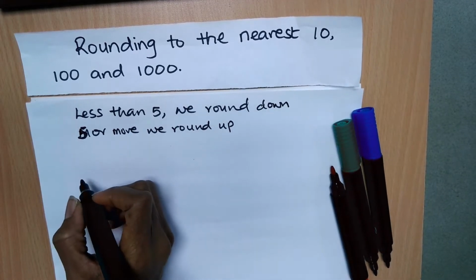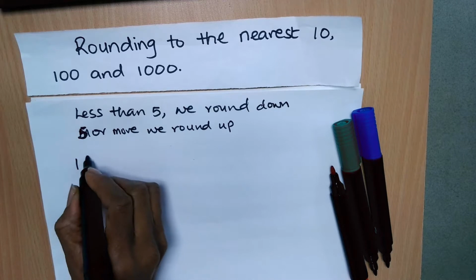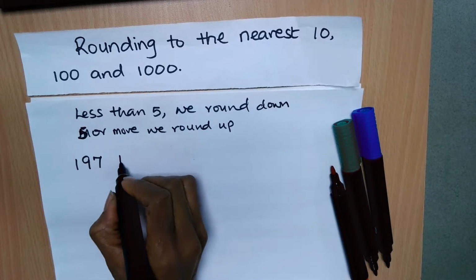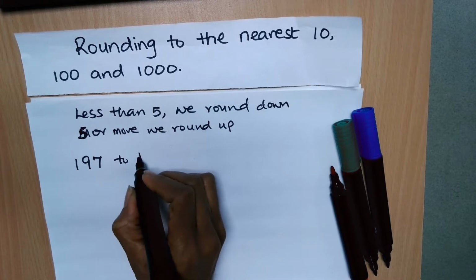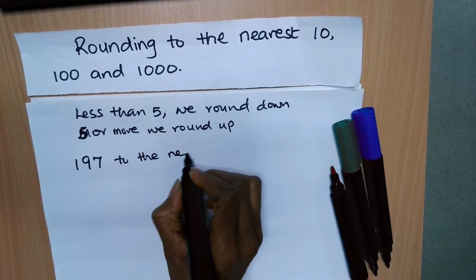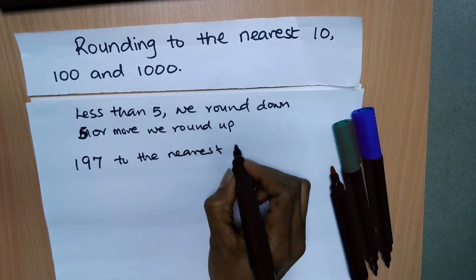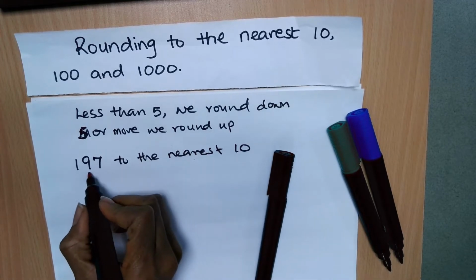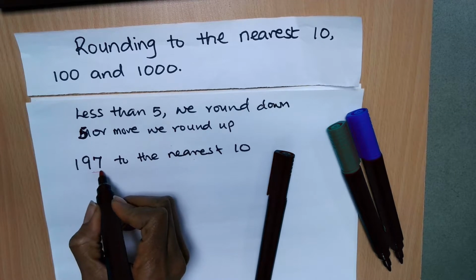Okay, so let's take an example, 197. If we're rounding to the nearest 10, we're going to look at these two numbers, 9 and 7.